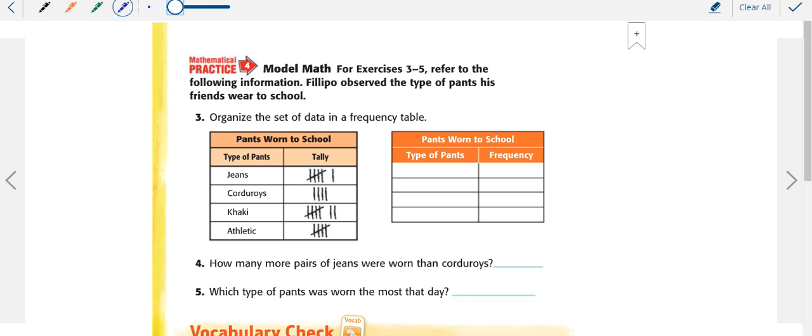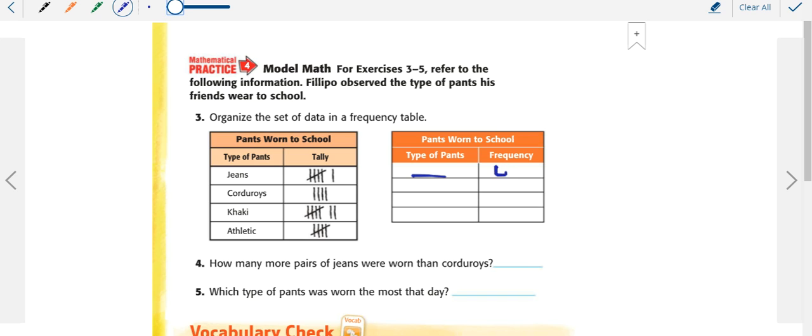Corduroys is a type of clothes. Okay, khaki and athletics. Khaki are more formal than jeans, and athletics are almost like sweatpants. Now, type of pants, you're going to write the types of pants in here, and then you're going to write the voting number. The frequency is the number of tally marks.